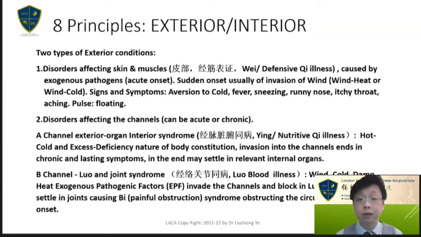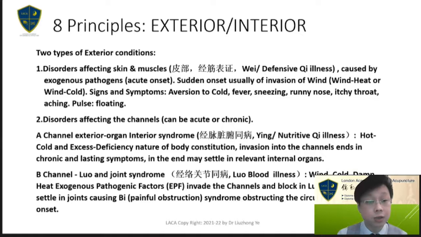And this is actually affecting the Wei Qi, the defensive Qi, levels. And then we'll talk about Wei Qi Bing, Ying Qi Bing, the nutritive Qi illnesses or Wei Qi illnesses. This is all the concept in the meridian palpation training course.